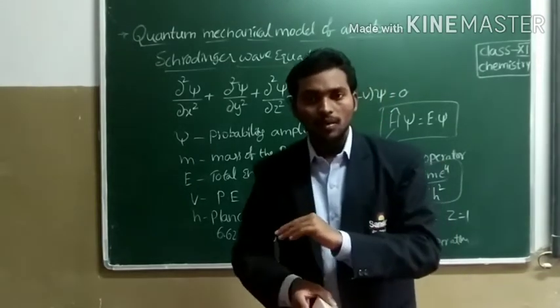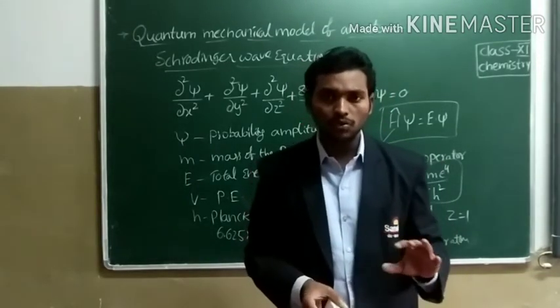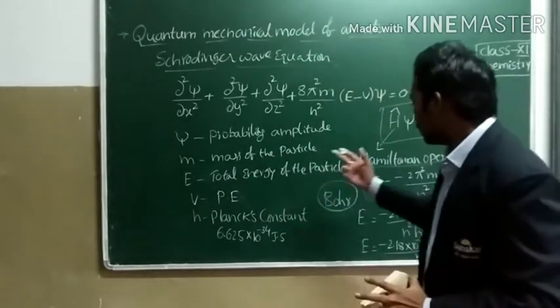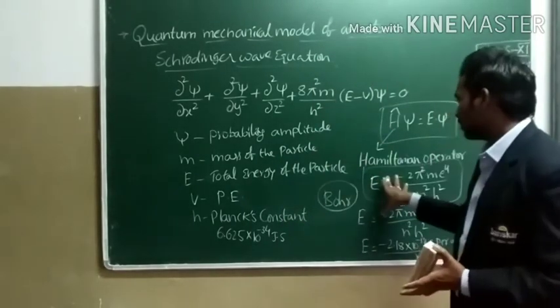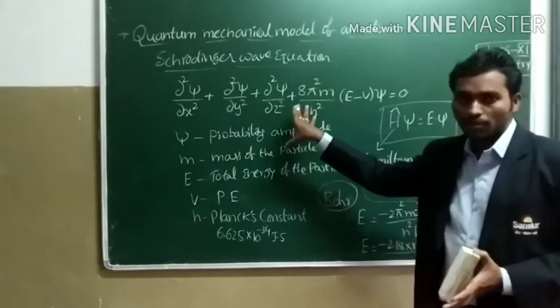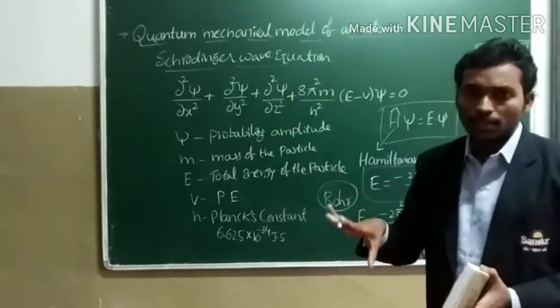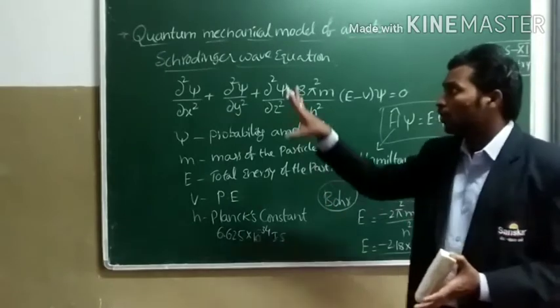That's why Bohr's model doesn't hold good for the dual nature of matter. That's why the Schrödinger wave equation and Heisenberg's uncertainty principle hold good for quantum mechanics.